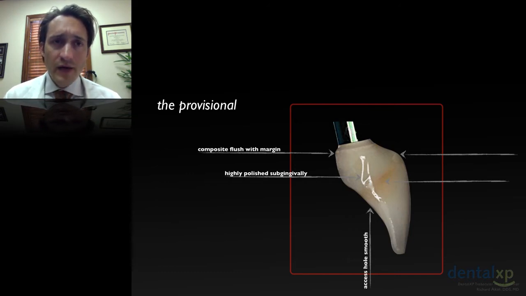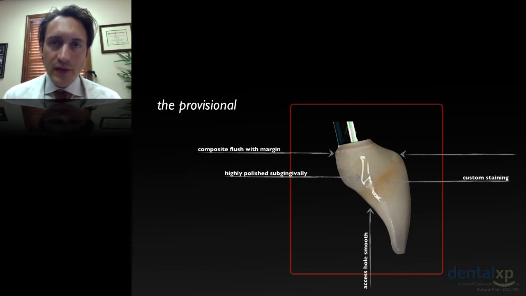Next, as we work around the provisional, I really want to have the access hole very smooth. Patients can complain if there's an irregularity in the access hole. And in my provisionals, I will fill the access hole with retraction cord and ferment.